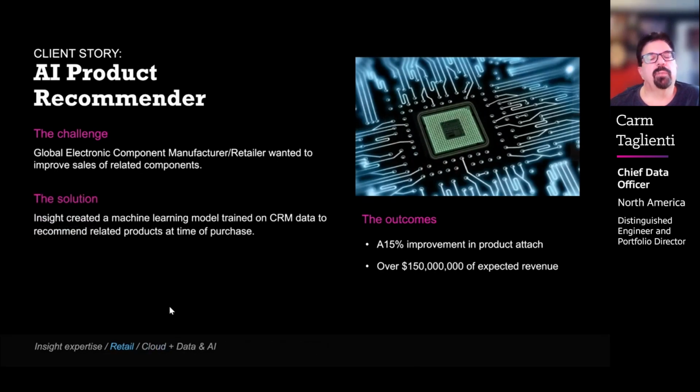Another one is a product recommender. So it's basically increasing, in this particular case, product attach for a global component manufacturer or retailer that wanted to improve sales of related components. Basically it helps with recommendations.